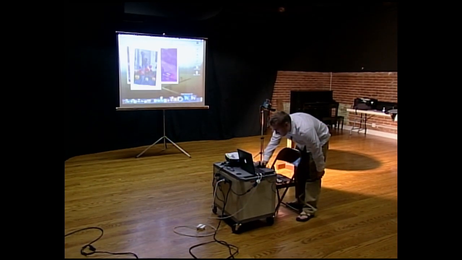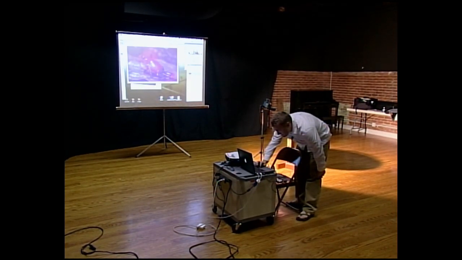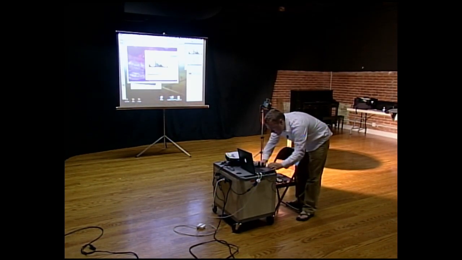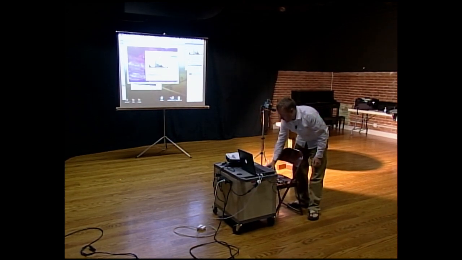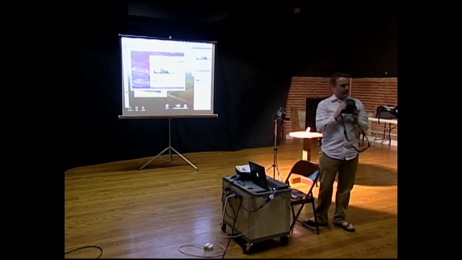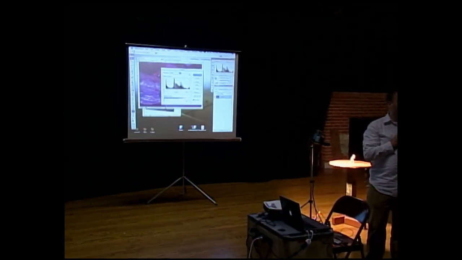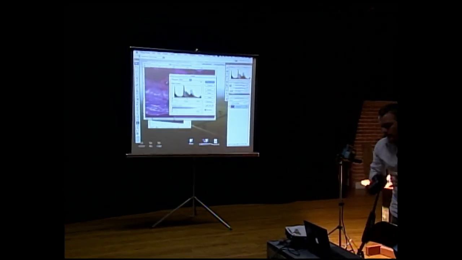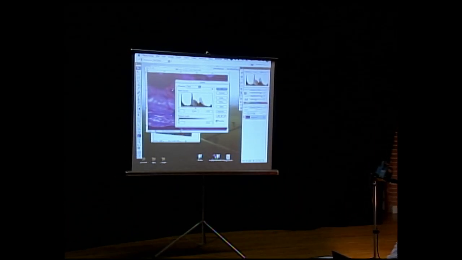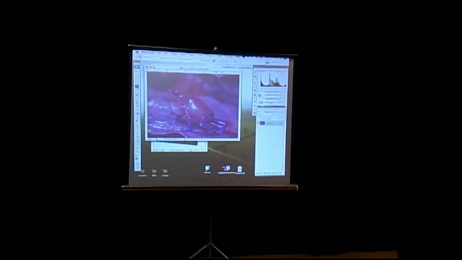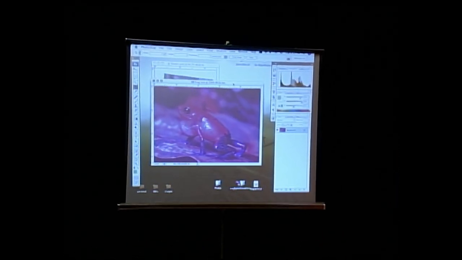I'm going to jump over to Photoshop for this, because this is a good example. If you have an SLR camera like this, usually you can also look at the histogram right on the window as you're viewing it. Let's switch over to a different photo that has a better looking histogram.